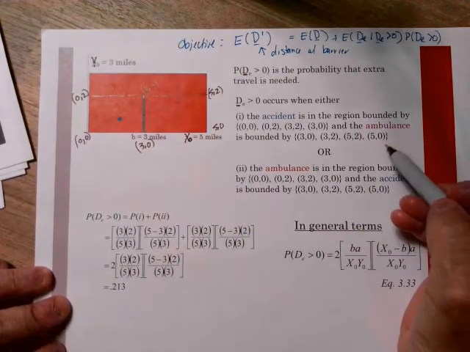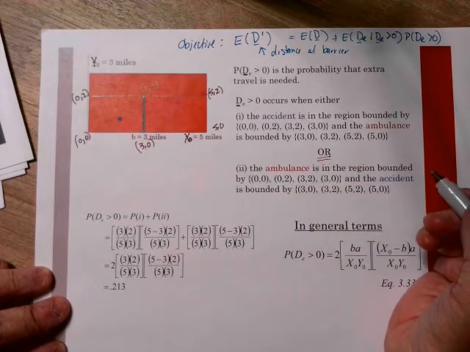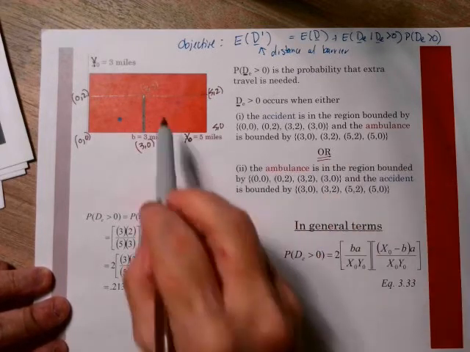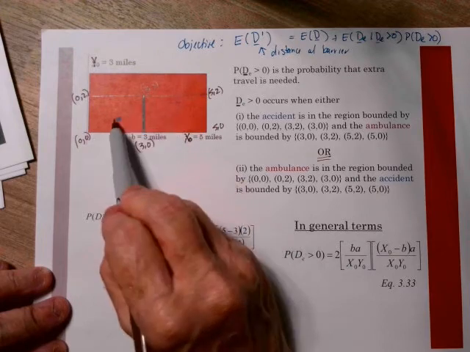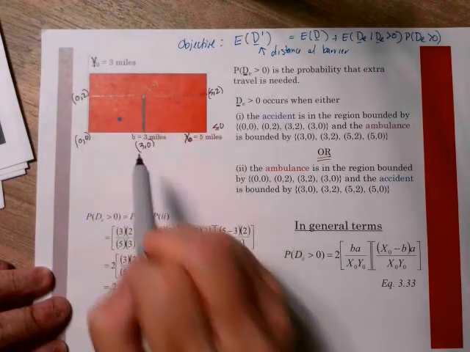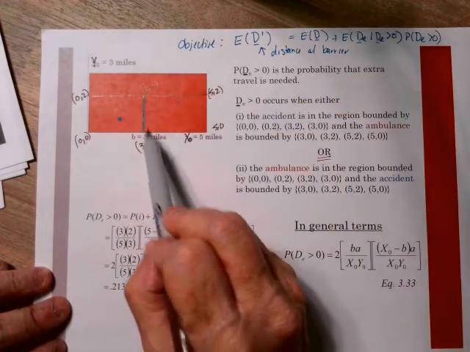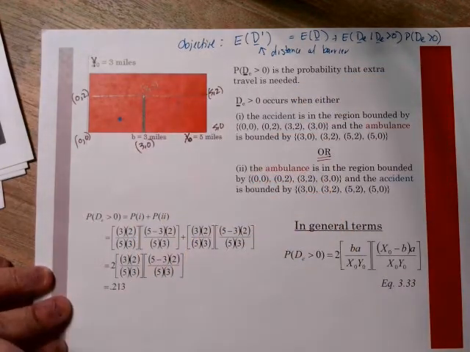That's one way we have extra distance incurred. But then we have this magical word: or. Or we could have the red dot, the ambulance, bounded by 0, 0; 0, 2; 3, 2; and 3, 0. And then the accident over here bounded by 3, 0; 3, 2; 5, 2; and 5, 0.